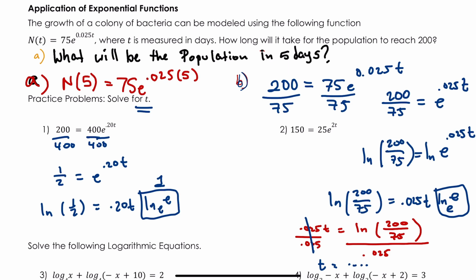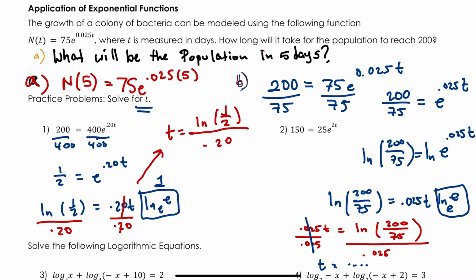So then at this point, you can kind of kill a few birds with one stone. You could get sloppy already and start dividing both sides by 0.20, but just make sure that at the end you rewrite it. So it's going to be t, that cancels out right here, equals ln of 1/2 divided by 0.20.